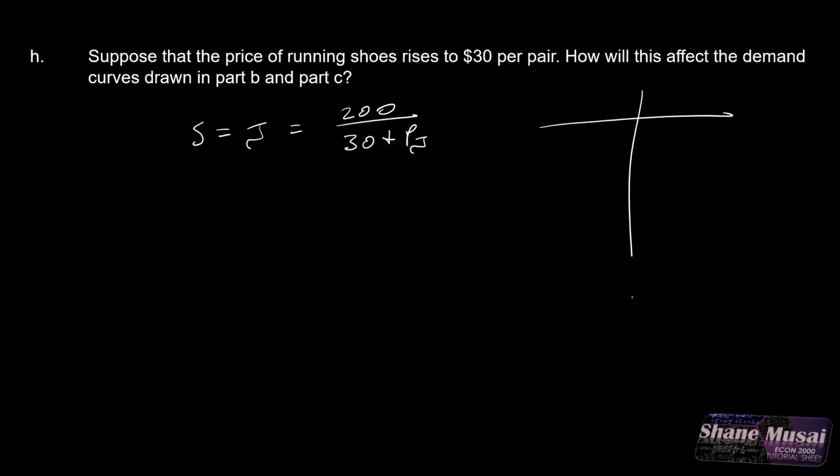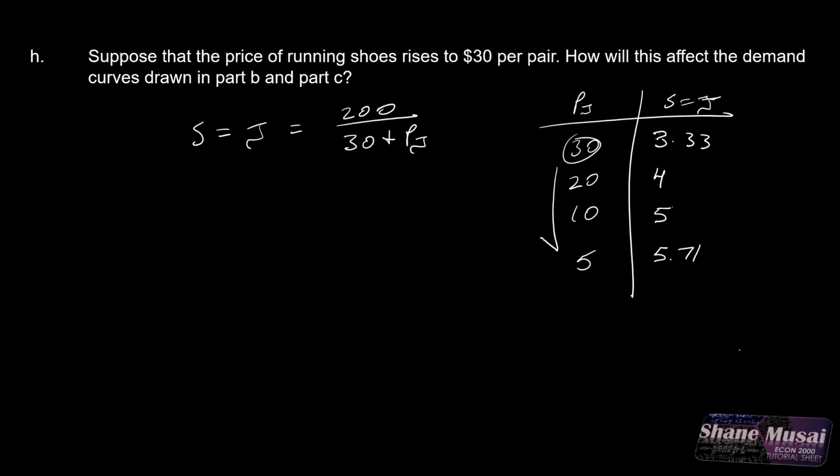And if we were again to plot these values, for 30, 20, 10 and 5, if we substitute these values going down here into this equation, then we will get these values on this side. I'll just do the first one again to show you.